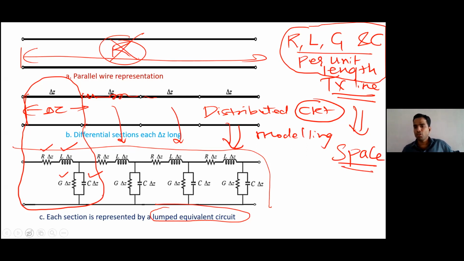In your low frequency analysis you never encounter this word space, but in high frequency the length of the circuit, the length of the line, comes into picture. So this is how they are all distributed along the line.